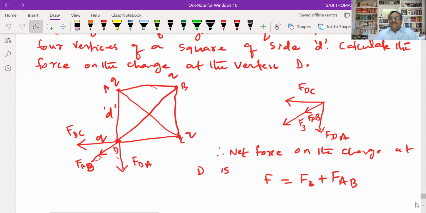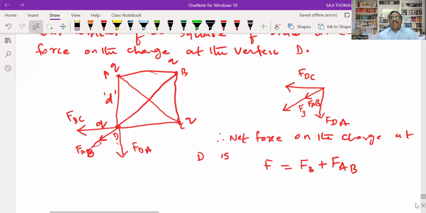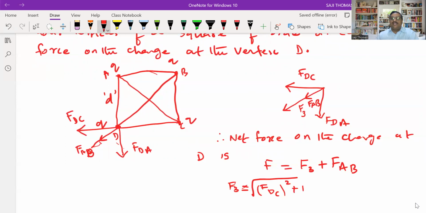And F3 now you can find out. F3 is the resultant of FDC and FDA. F3 is equal to the square root of FDC square plus FDA square plus 2 FDC FDA cos 90 degrees.